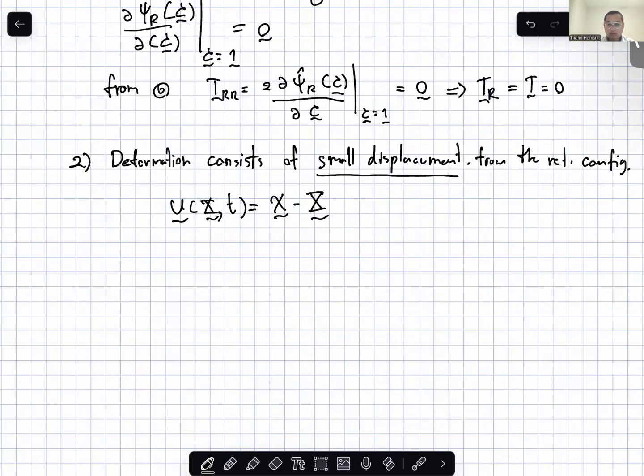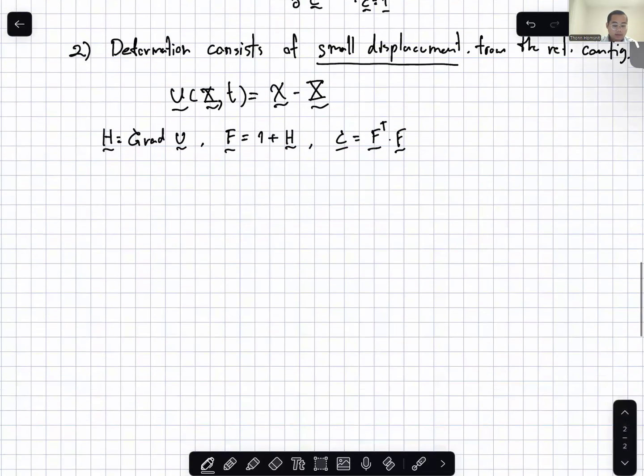And we know that the deformation gradient is basically just the gradient of the displacement, sorry. And we know that the deformation gradient is 1 plus the displacement gradient H, and the right Cauchy-Green tensor is F transpose dotted with F.